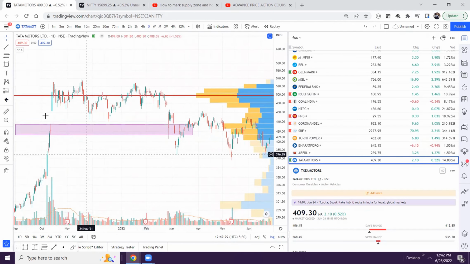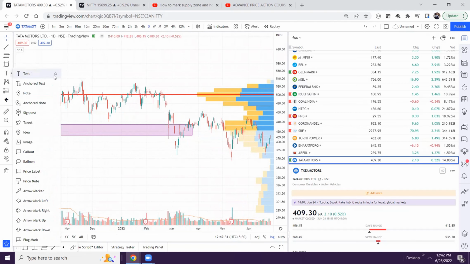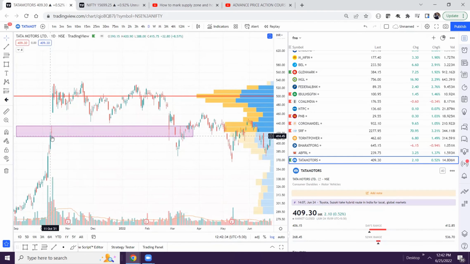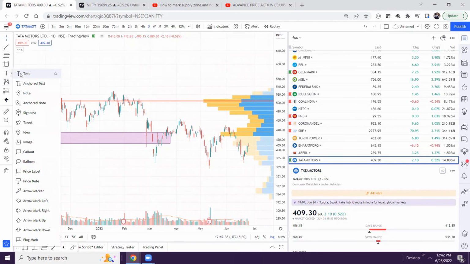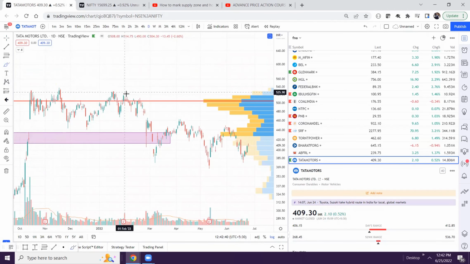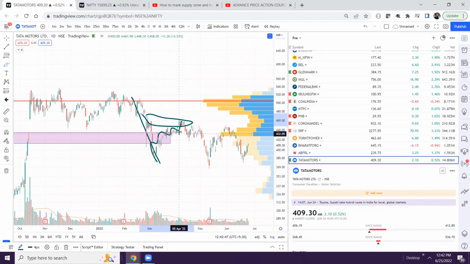And if that zone gets broken, it means now sellers are stronger than the buyers. And in this move also, you see this is a fast movement, and after that you get a slow movement to the supply zone. So this means that more down move can come.